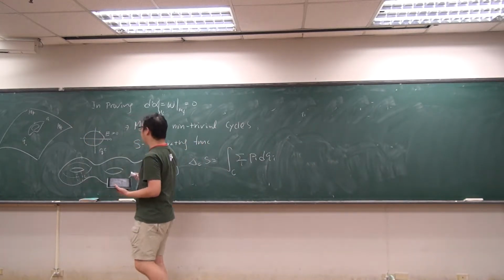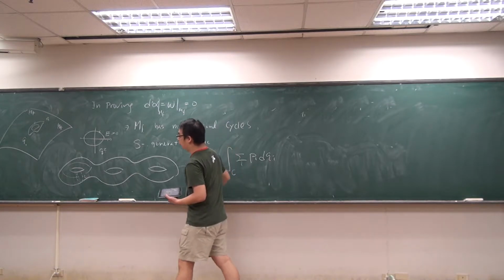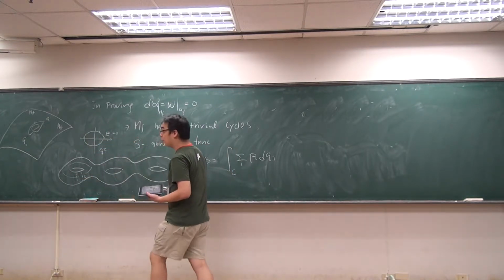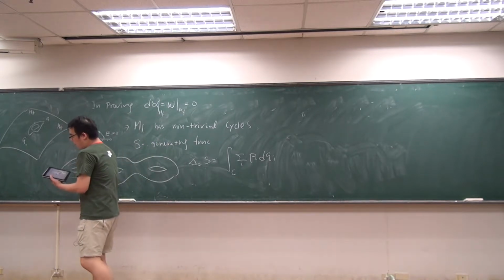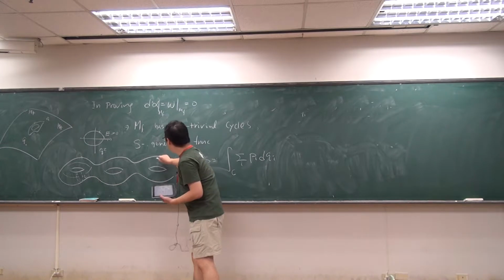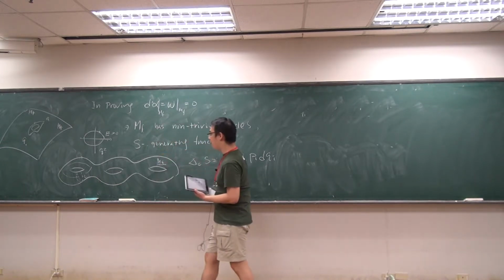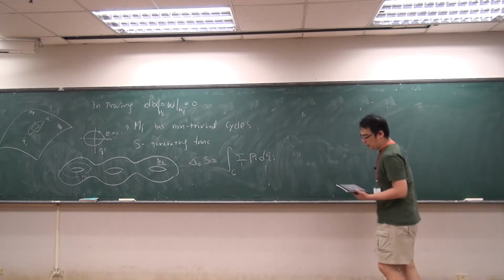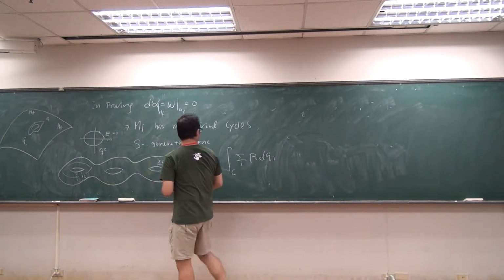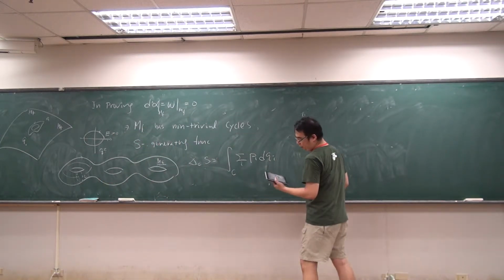Or, another way to put it, is that those generating functions actually become a multi-valued function on this M_F in the phase space. And those you are actually familiar with. What are those non-trivial contributions?